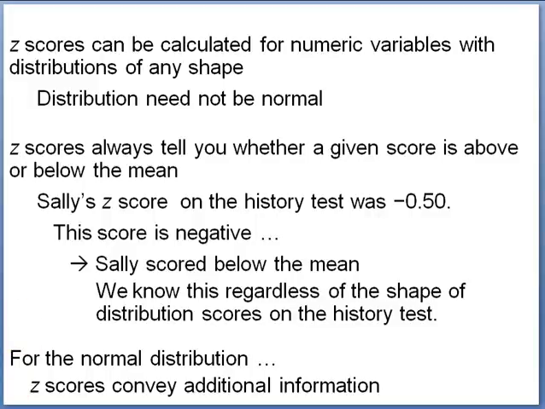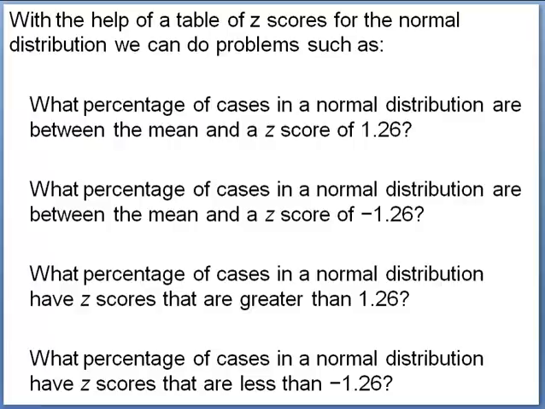For the normal distribution, z-scores convey additional information beyond whether the score is above or below the mean. Recall from the end of the prior video that we were doing all kinds of problems pertaining to percentages for scores precisely 1, 2, and 3 standard deviations above and below the mean.